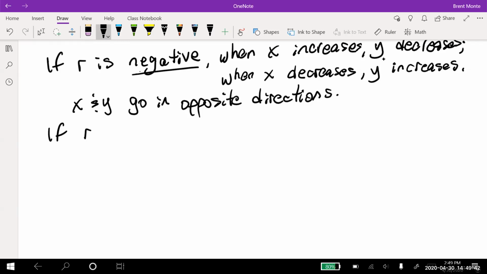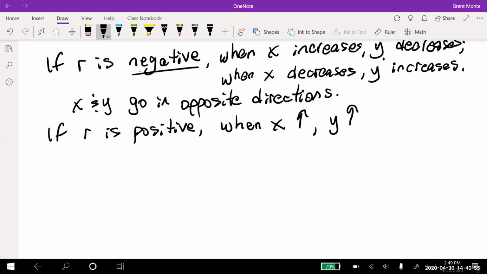If R is positive, and I'm going to do this a little shorthand, when X increases, Y increases. When X decreases, Y decreases as well. It's not a very good line down.